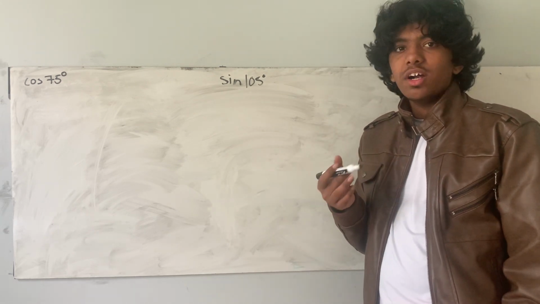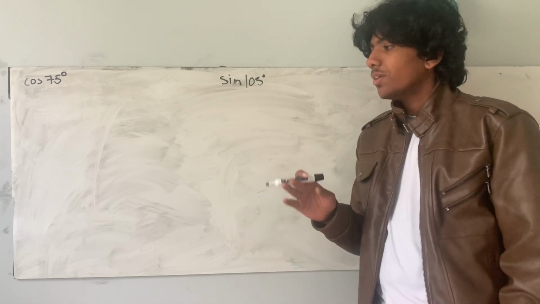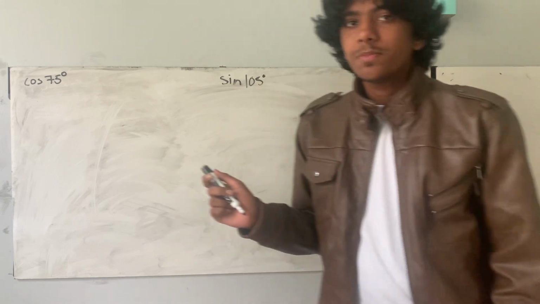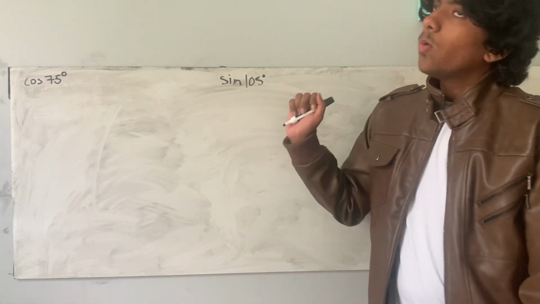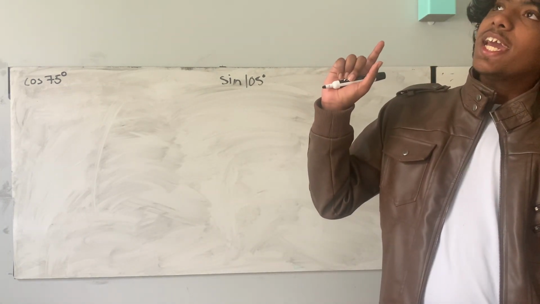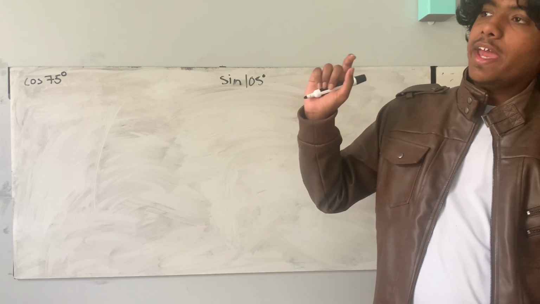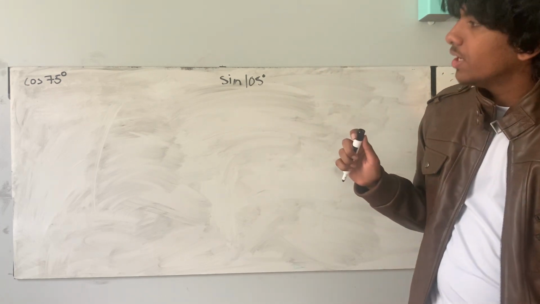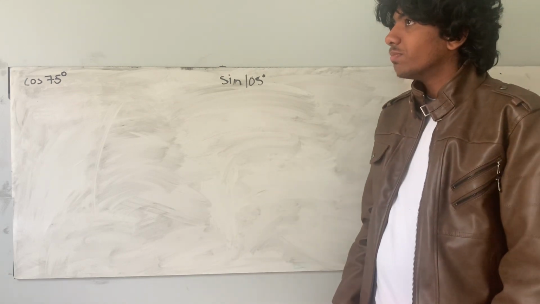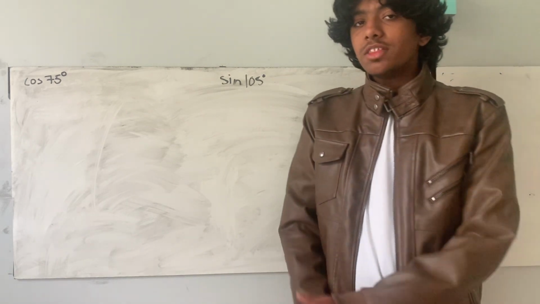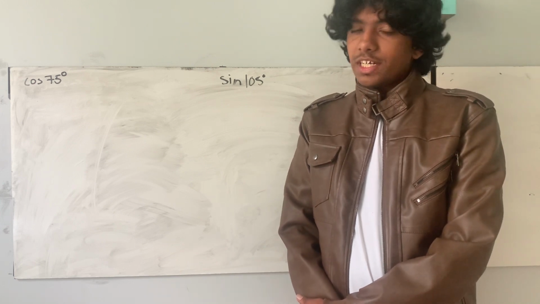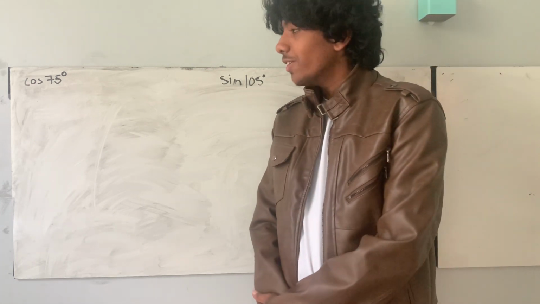The proofs I think use geometry, but long story short, one thing we can do for these two angles is try to represent the number as a sum of two numbers we like. In other words, we know that 30 plus 45 is 75, so 75 is 30 plus 45, right?